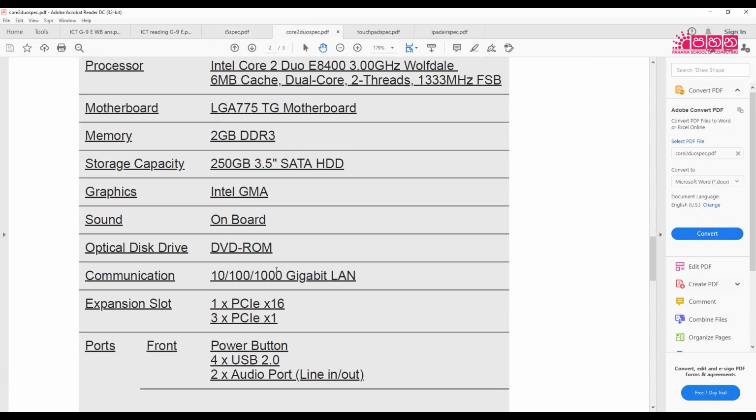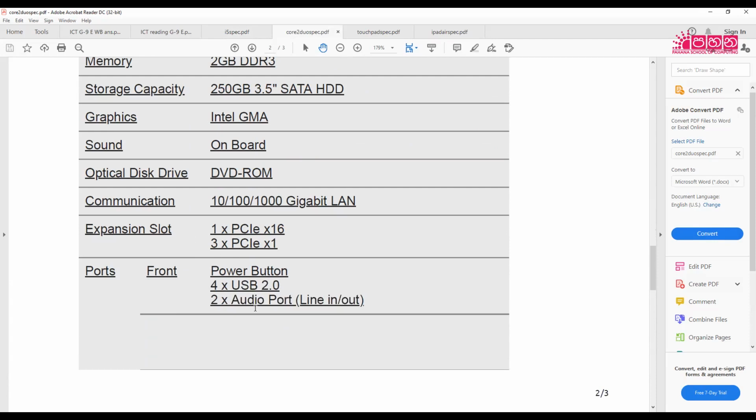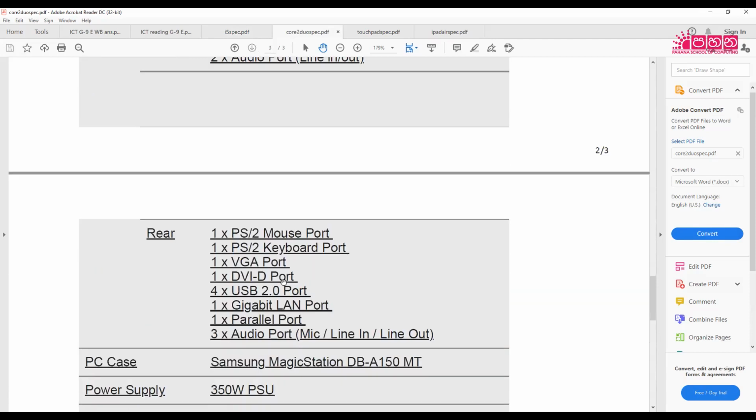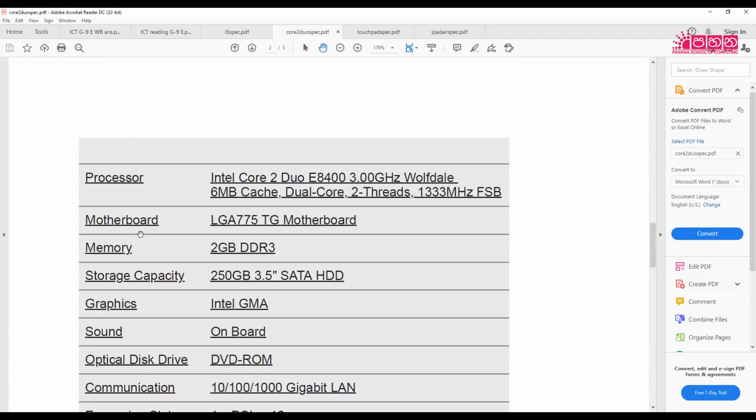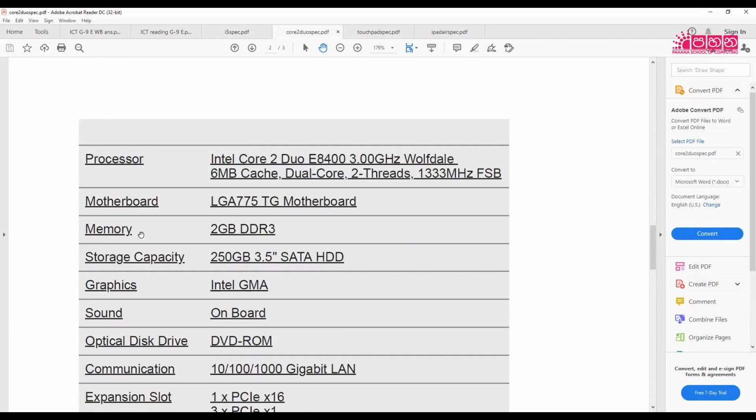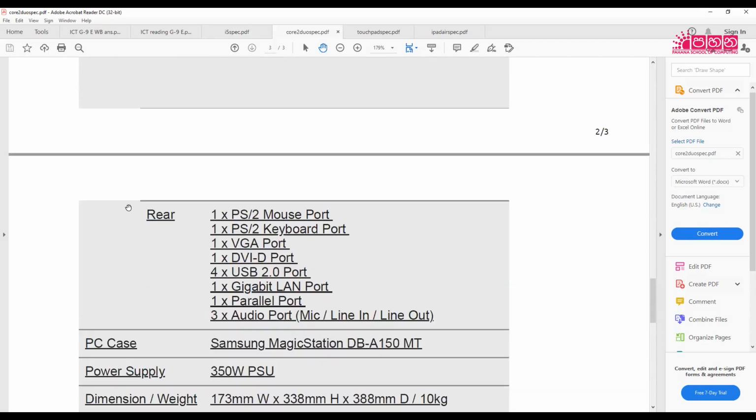And then what do you have? Ports, audio port, USB port, power button. Okay, here. Now, if you look at this spec, they have given you the number of ports. The rear side you will see we have a VGA port and a DVI port, right? This computer has two video type ports, VGA and DVI, both are there.